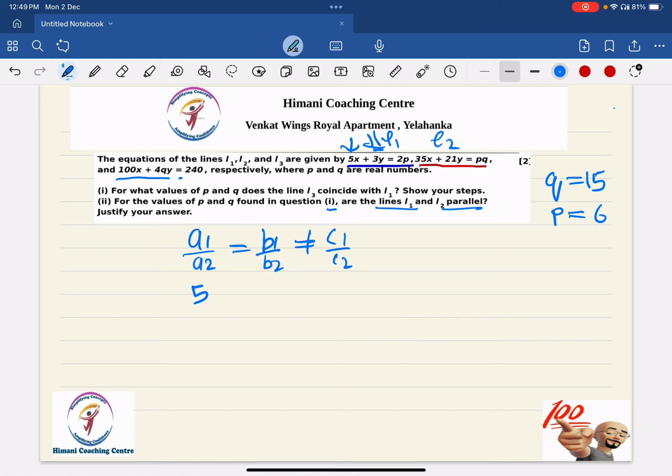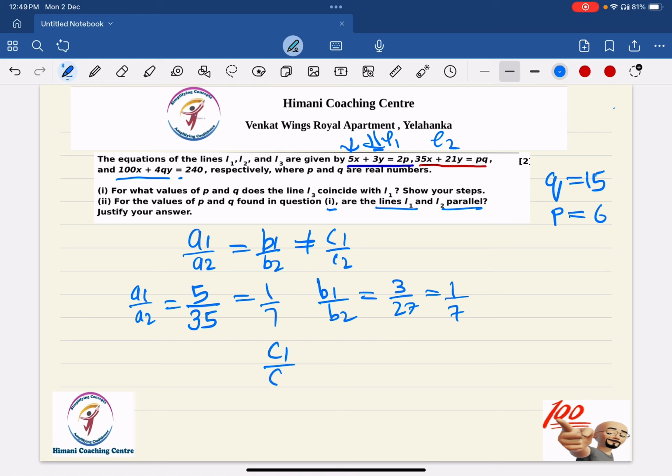So let us check 5 by 35, which is A1 by A2, okay, which is giving us 1 by 7. Let us find B1 by B2 as well, which is 3 over 21, which is also 1 by 7. So A1 by A2 equals B1 by B2. Now let us check C1 by C2.